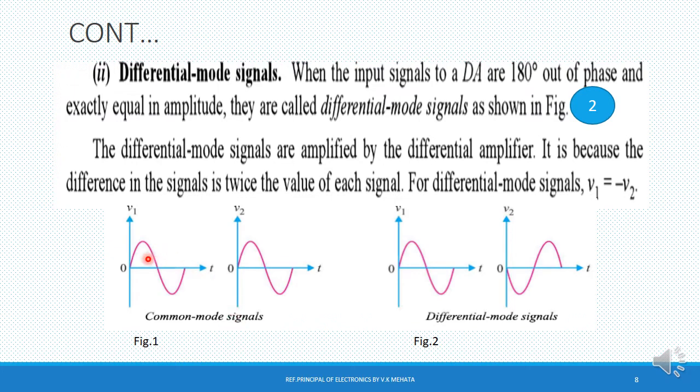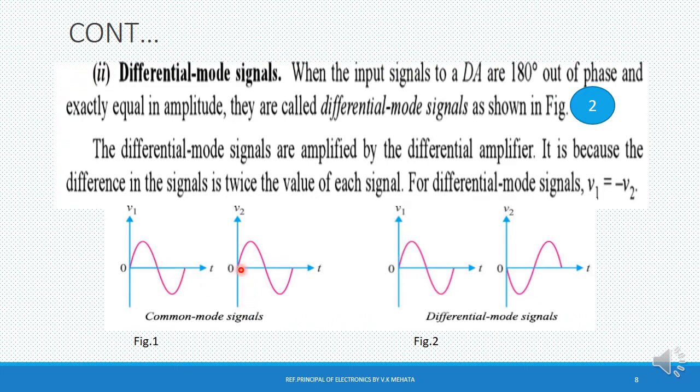When you apply these two signals to the differential amplifier, that is nothing but the op amp also you can say. Otherwise, I think in the second or third class we studied the circuit of the differential amplifier. It has two inputs, V1 and V2.